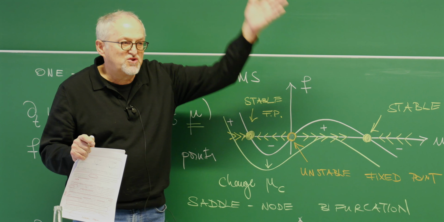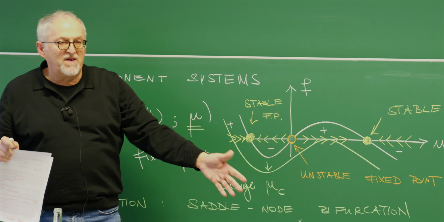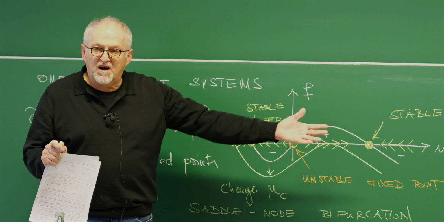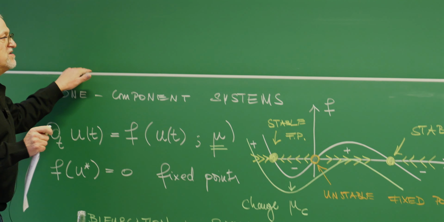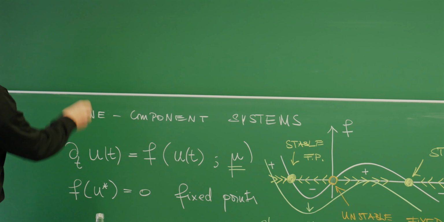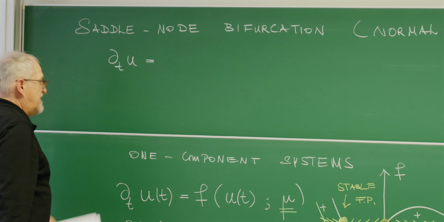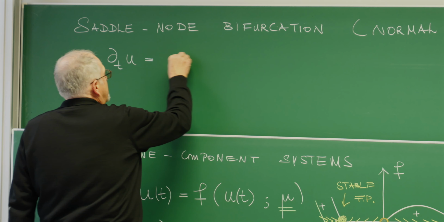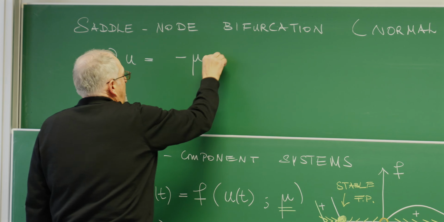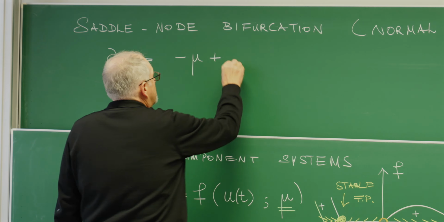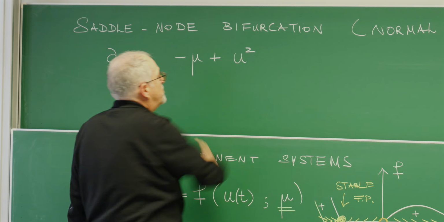That's all you need. You need to shift up and down a parabola to get all the essence of a saddle node bifurcation. So the mathematical normal form of a saddle node bifurcation is typically written as minus mu plus u squared.